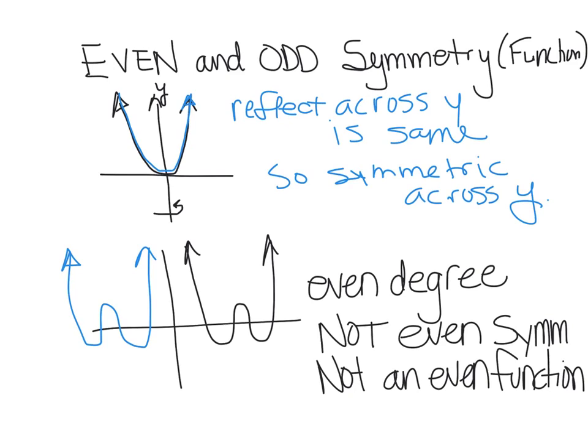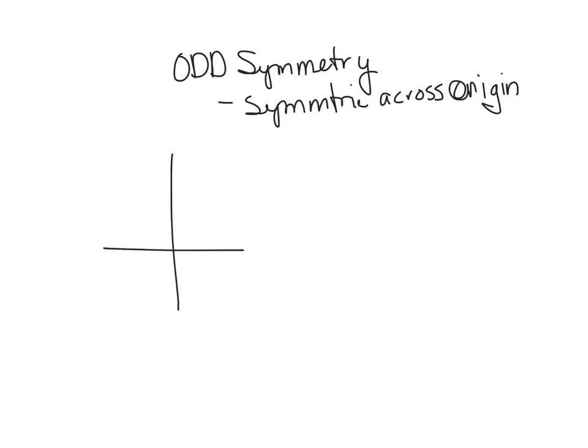And then we can do the same argument with the odd. As we look at this odd symmetry, we had looked at the power functions. Remember those very special case polynomials where they all came out basically looking like the snake or the disco. And we said, wow, these are symmetric across the origin. The best way to think about it is you do one reflection across the y-axis and then a second reflection across the x.